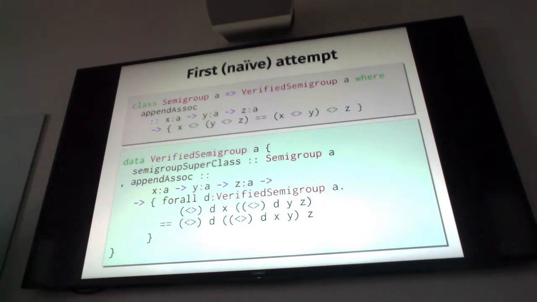Right, because D could be any verified semigroup. If I'm a verified semigroup, I only promise that I'm verified. I'm not promising anyone else is verified. So what you wrote there would suggest that you give me any D and I promise that it will be verified under my X and Y's and Z's, and I don't want to promise that, right? So it's not just about expressiveness, it just means the wrong thing, no?